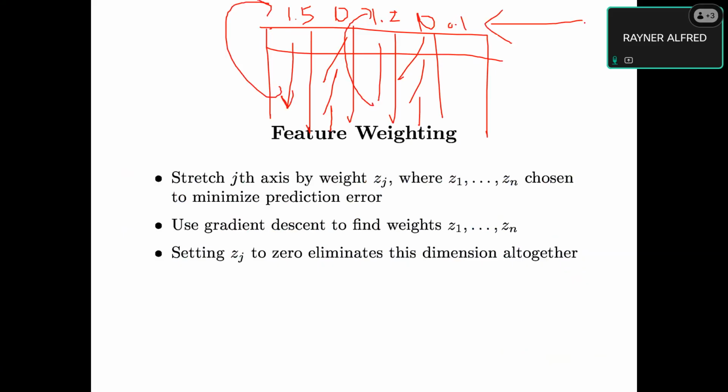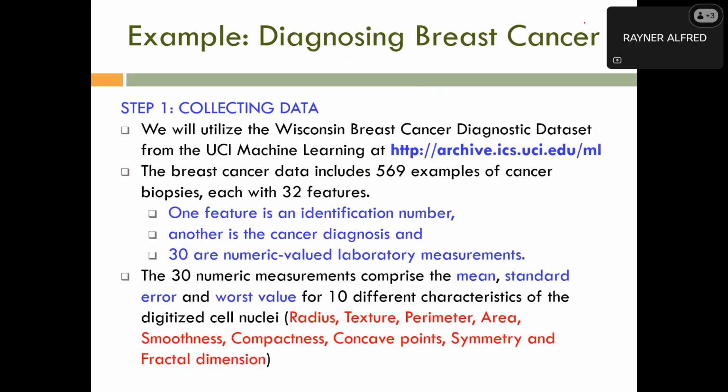Okay, let's take a look at this example here. In this example, we have the Wisconsin breast cancer data. We will use this algorithm to classify them. We have 32 features, 32 columns, and one of the features is the ID number, which is not relevant.